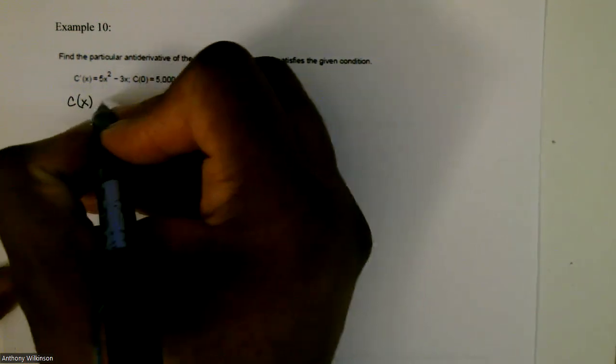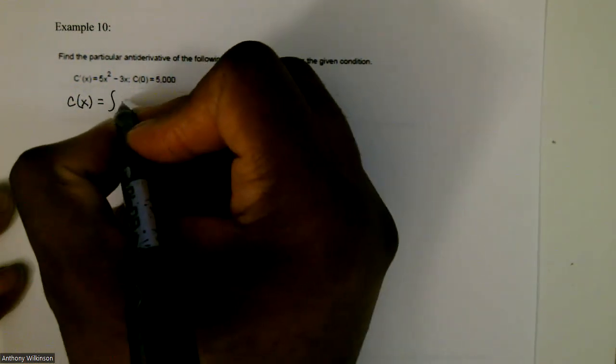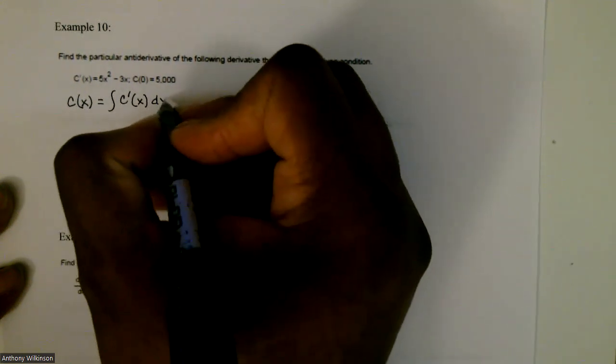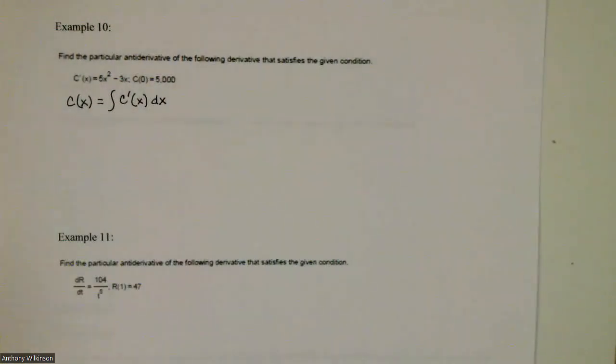Let's find out what c of x is going to be. Anytime you're finding c of x, that means you have to find the integral of c prime of x dx, because here we have the derivative and we want the antiderivative.